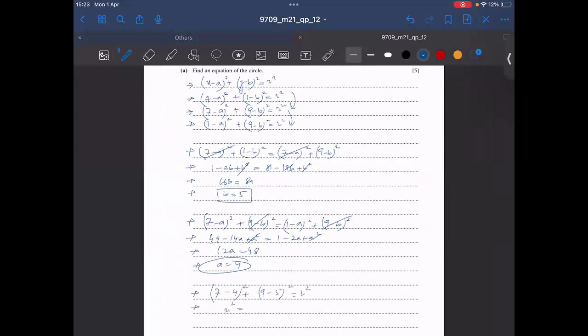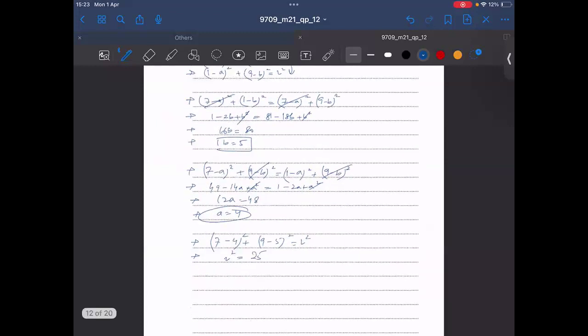R square is going to be equal to what? 7 minus 4 is 3, square is 9. 9 plus 16 is 25. And so you're going to have the equation x minus 4 whole square plus y minus 5 whole square equals 25.